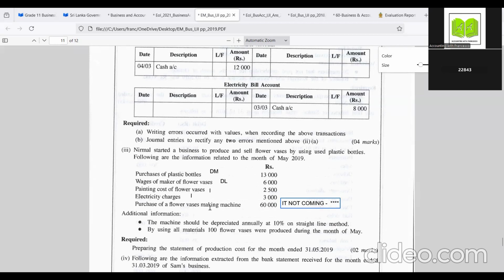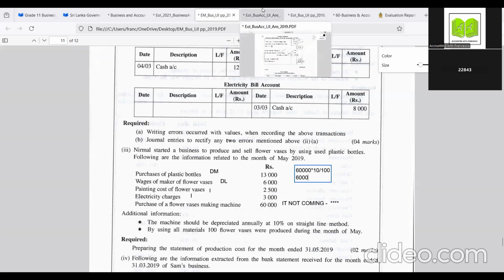Now the issue is why they have given the flower vase making machine. That is given to find the depreciation. So 60,000 into 10%, depreciation is 6,000. But the question says prepare the production cost statement for the month.